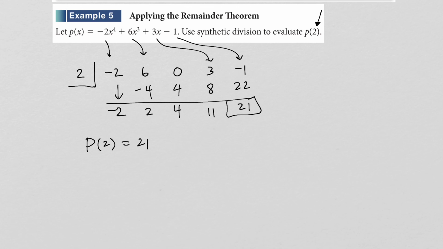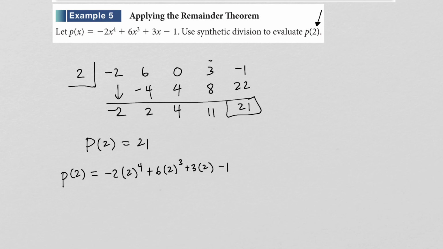Now, does it really work? Well, let's check it. How would you do P of 2 the old-fashioned way? You would just plug it into the function, right? I mean, you know P of x is this polynomial. So if I plug the number 2 into that polynomial, I'm going to put 2 in for x in all those spots. I'm going to get negative 2 times 2 to the 4th power plus 6 times 2 to the 3rd power plus 3 times 2 minus 1.